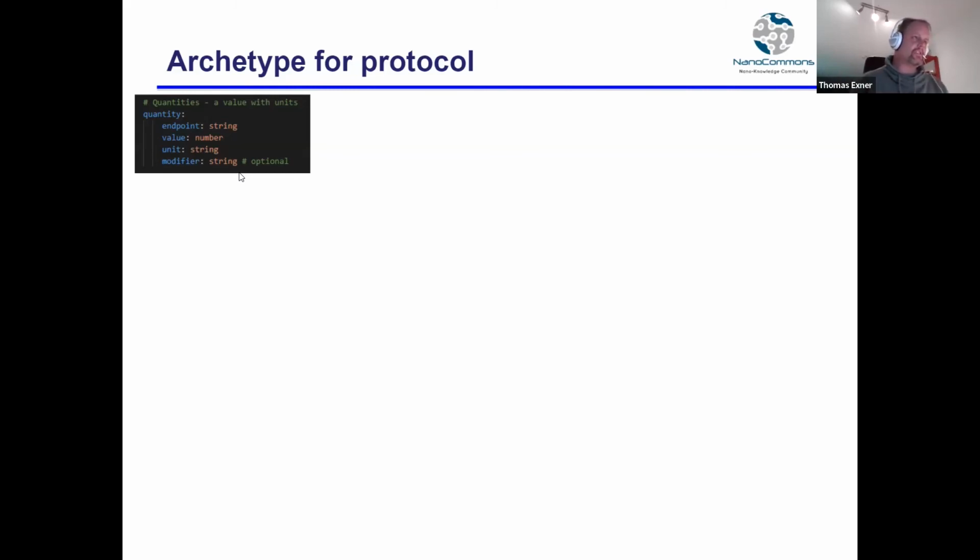Something which is a number, but a number with a unit, or which is associated to something, like size. You need a value, you need a unit, otherwise it's not a quantity. If you forget the unit, nobody can use it. Therefore take care that this is in there. And if you have larger than, smaller than, something like that, you can also define a modifier.